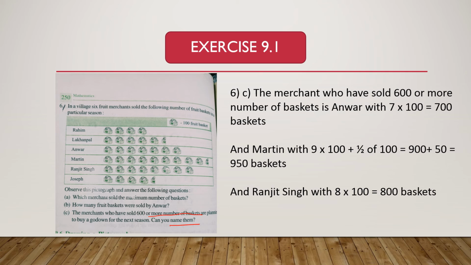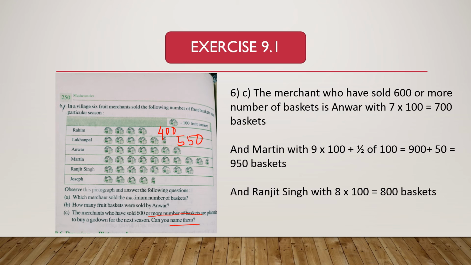Rahim sold 400 baskets. So this is not possible. Lakhanpal 1, 2, 3, 4, 5. 500 plus 50. So this is also not possible.